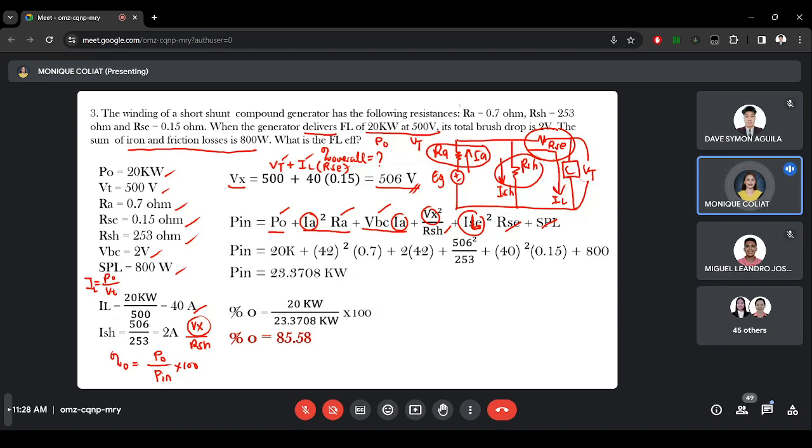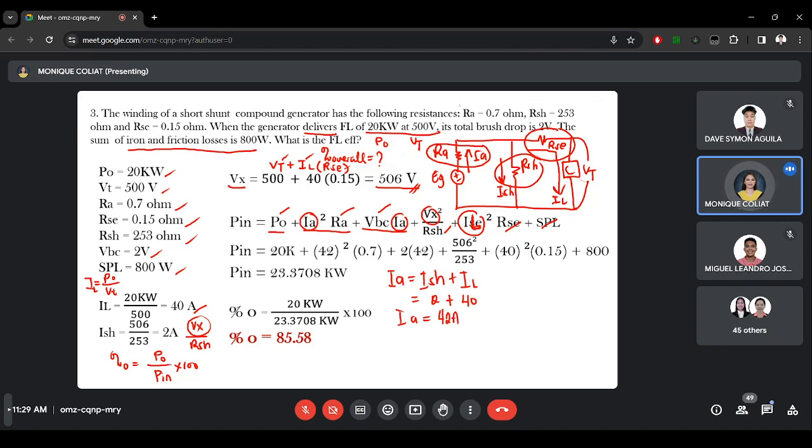Substitute all the given parameters. We have 20,000, which is your PO, plus 42 squared times RA of 0.7, plus VBC of 2 volts times IA of 42 amperes, plus 506 squared over 253, plus 40 squared times 0.15, plus 800. The input power is 23.3708 kilowatts, or 23,370.8 watts.